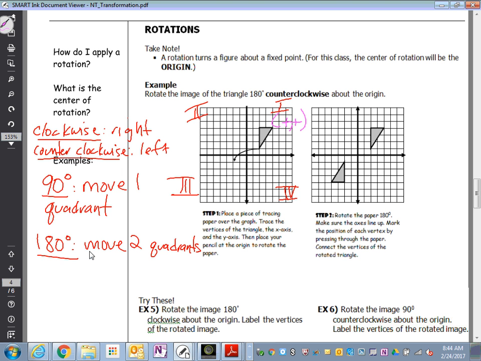Negative, positive. You need to write these down because you have to know these. That way you won't have to remember the whole rule. Next, if we end up in quadrant 3, negative, negative. In quadrant 4, positive, negative.